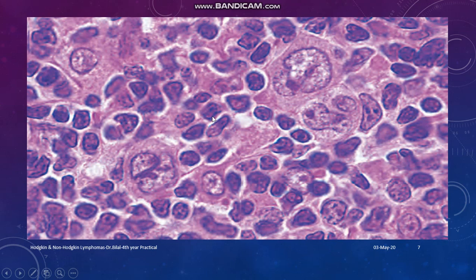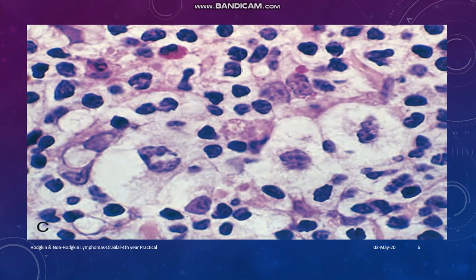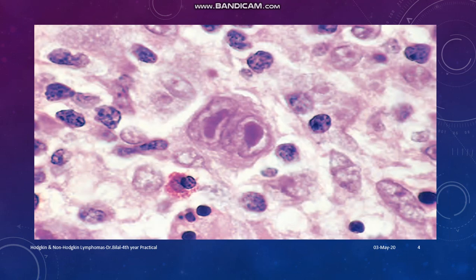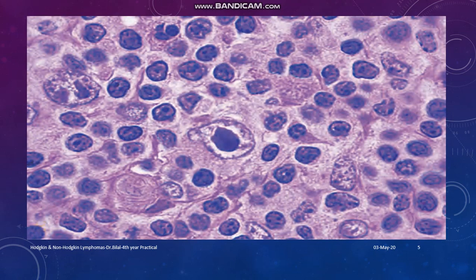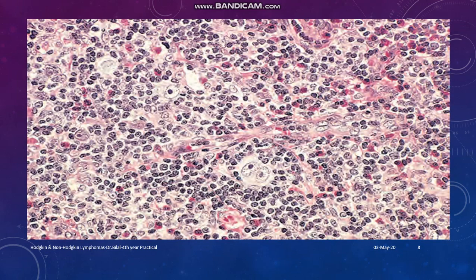Similar surrounding infiltrate. For an undergraduate level, remember that the proportion varies, but generally the inflammatory cells surround these lymphoma cells. And these may include varying proportions of lymphocytes, plasma cells, eosinophils, etc. So we have seen different varieties of morphological faces of Hodgkin lymphoma cells, and here you can see another example.